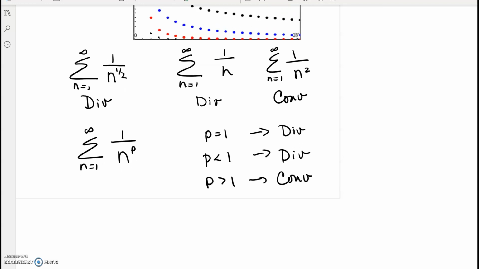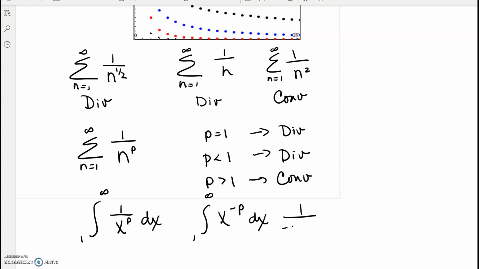You can actually see this by the integration. When you integrate 1 over x to the p from 1 to infinity, we're going to rewrite that as x to the negative p when we integrate. And so we're going to add 1, and we have 1 over negative p plus 1, x to the negative p plus 1. So the whole business about why this converges is when we did the integral test, we ended up with infinity in the denominator.